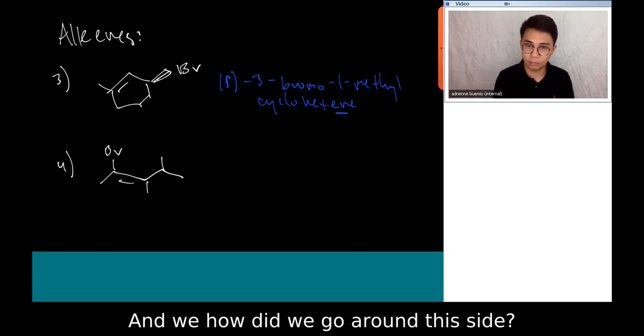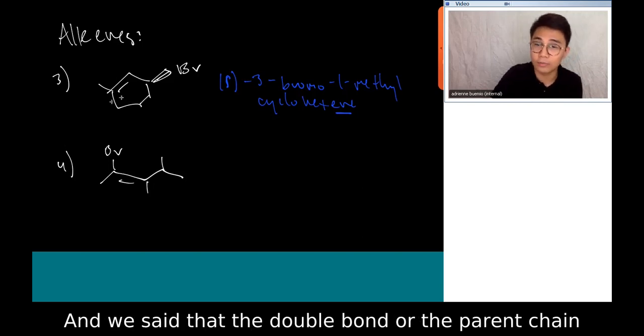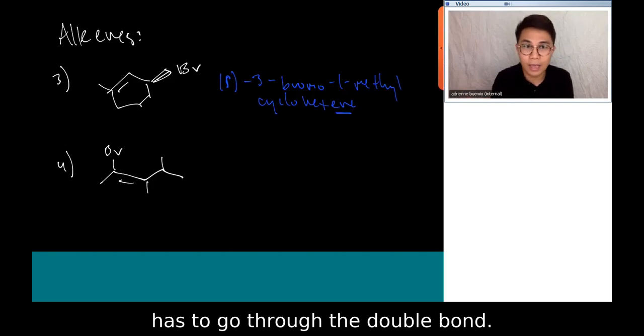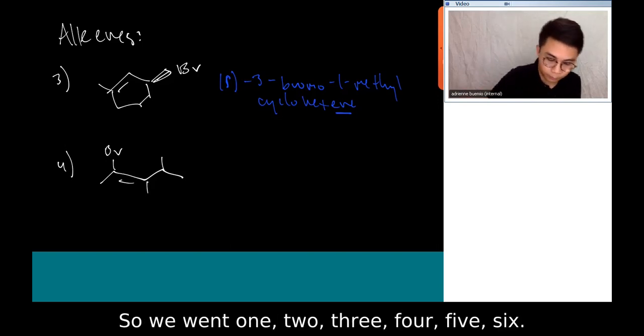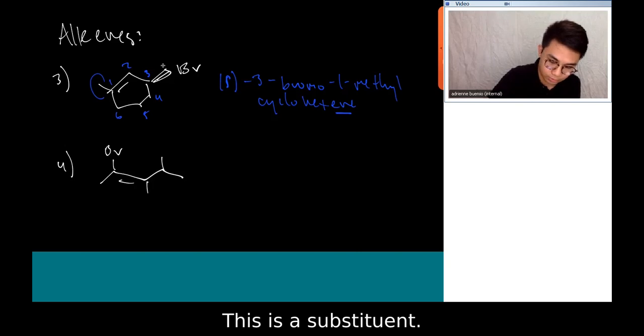And how did we go around this way? Again, the cyclic is the longest parent chain, right? And we said that the parent chain has to go through the double bond. So we went 1, 2, 3, 4, 5, 6, right? And then this is a substituent, this is a substituent.